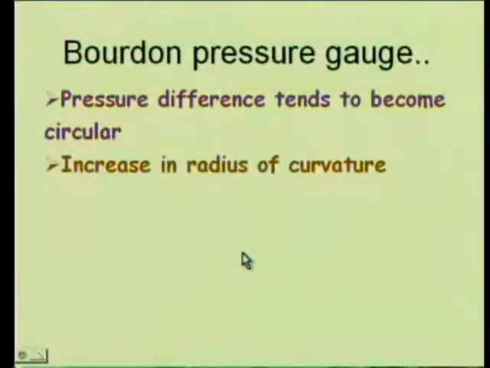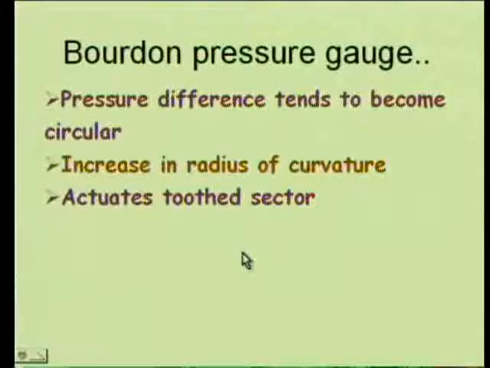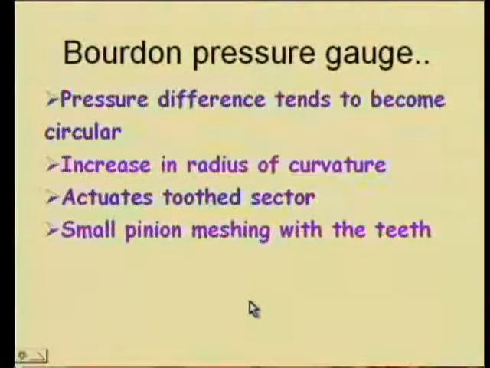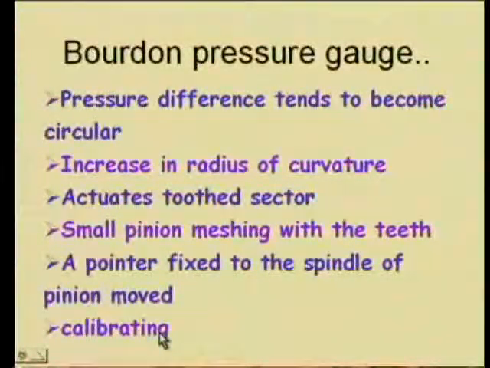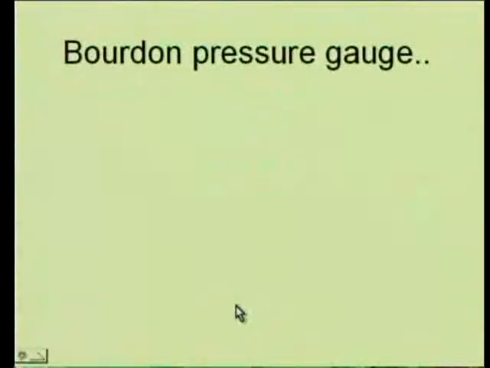So the increase in radius of curvature also takes place, which actuates the tooth sector, and thereby it is transmitted to the small pinion meshing with the tooth. A pointer fixed to the spindle of the pinion is moved. That is how this functions, and this particular movement of the pointer can be read in the form of pressure, which is in the calibrated mode.